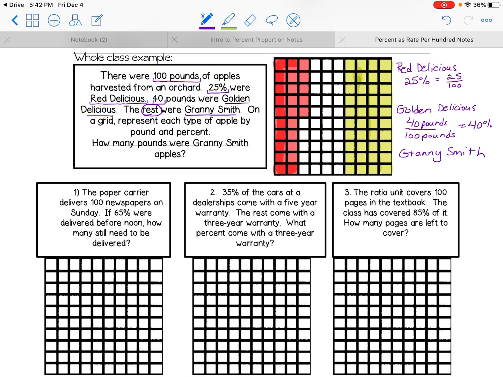We've already done the Golden Delicious, that is in the golden color. And the rest. So everything I didn't shade there in the white is how many pounds or how many percent are the Granny Smith. So all we have to do is count that. Okay, so everything here in the white is Granny Smith.